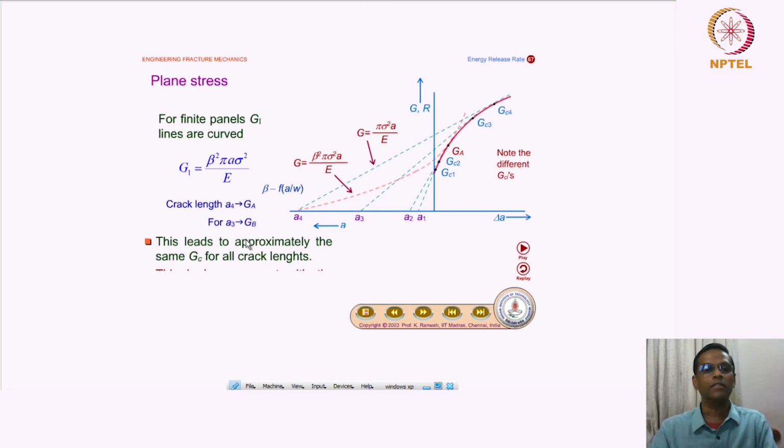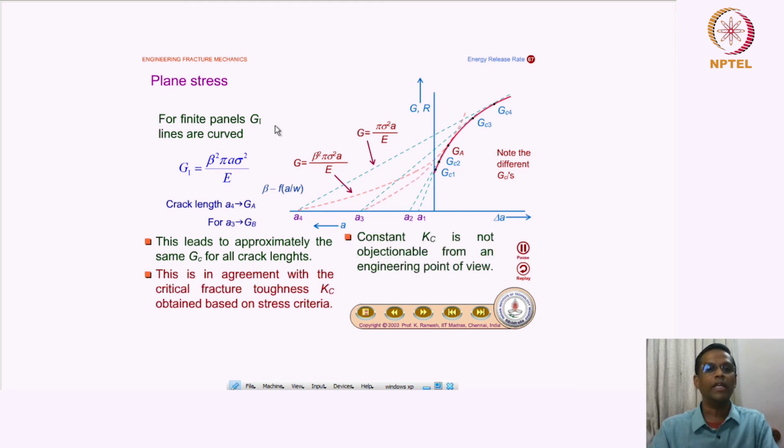So in this case, you can see that for a finite panels, G1 lines are curved. In the infinite panel, the line goes and make an intercept or make a tangent at a different point. But for a finite panels, then you bring a parameter called beta, which is function of A by W. Then G is not just a straight line, it is a curved line.